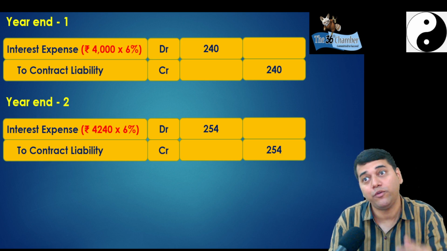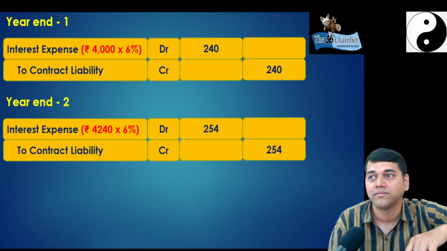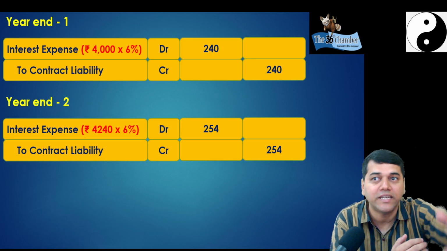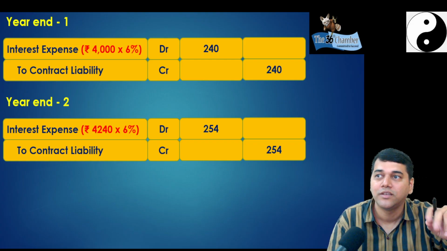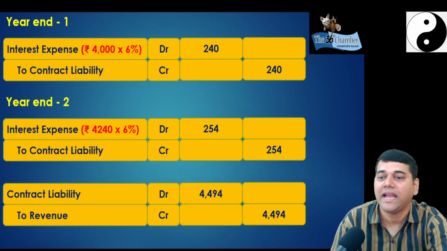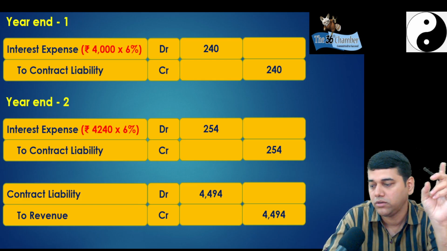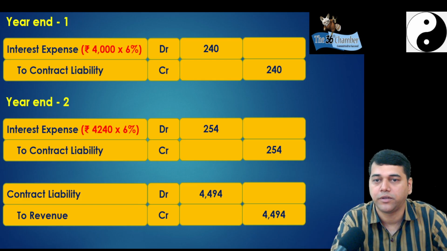If you give it on credit, you take the market rate. If you give on credit, 5,000 would have been the value, and you would have taken the implicit rate there. At the end, on the day you transfer control, you will take contract liability account debit to revenue.